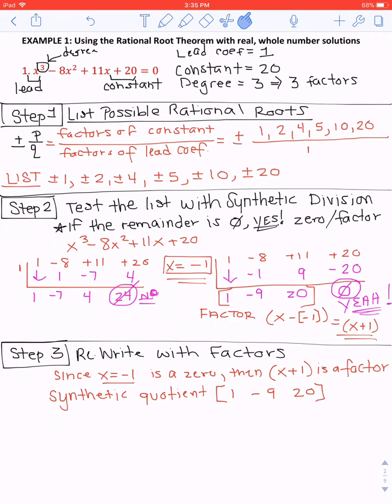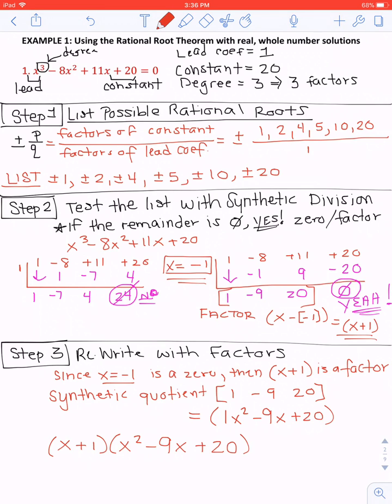When we were doing synthetic division, we were talking about how those 3 numbers that you're left with are new leading coefficients, so they create something else. We did have x cubed, so this actually represents 1x squared minus 9x plus 20. So our factored form is x plus 1 times x squared minus 9x plus 20.